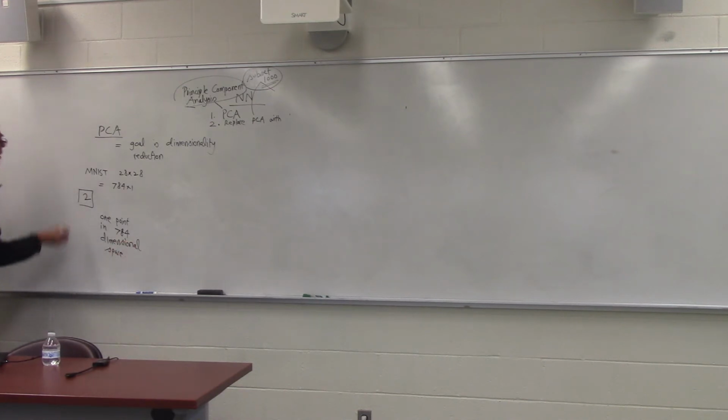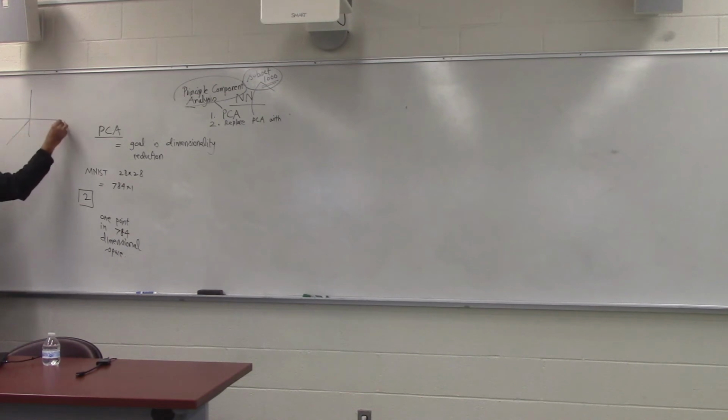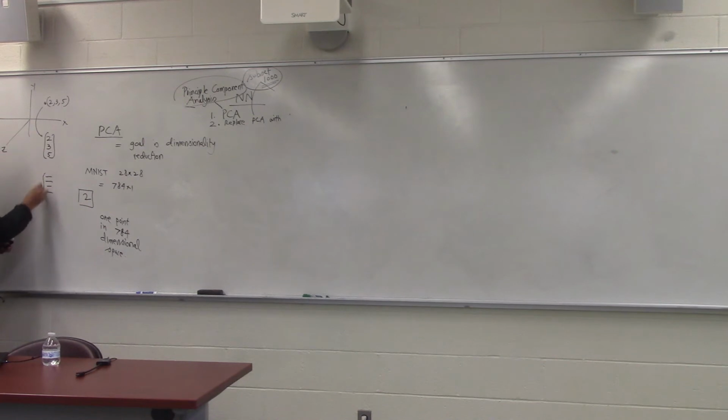Just like we discussed, let's say I have x, y, z axis. If I have one point, let's say x of 2, y of 3, z of 5, I could represent it as a vector, 2, 3, 5, so as a 3 by 1 vector. Very similarly, if I have a 4-dimensional space, I can represent each point as a 4 by 1 vector. Similarly, this digit, which is 784 by 1, can be thought of as a single point in 784 dimensional space.